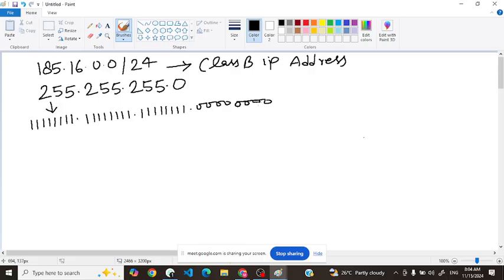Okay. What is the formula to calculate the block size? 256 minus the last octet which carries the value 1. So what is the value of the last octet which carries a value of 1?